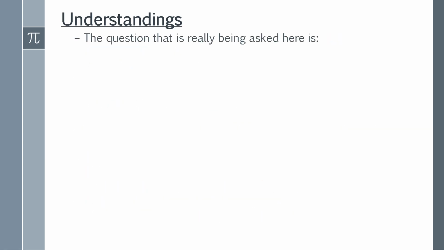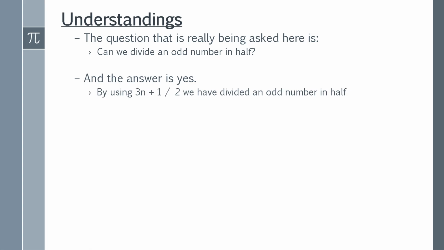And we need to understand the question that's really being asked here, and that question is, can we divide an odd number in half? And the answer to the question is a yes. And we do that by multiplying by 3, adding 1, and then dividing by 2.